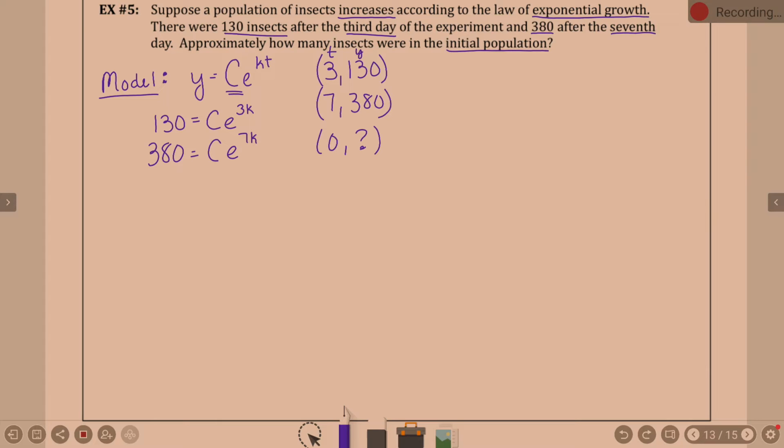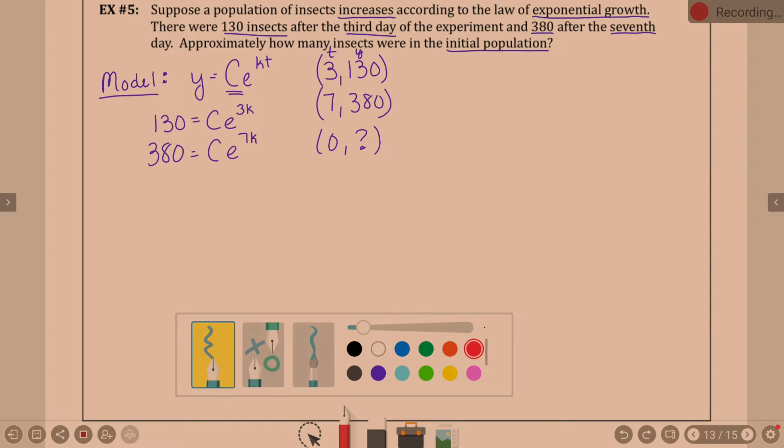And, well, I don't think until we have a K value, it's going to be difficult to find C. So, kind of the whole substitution thing. I'm going to suggest that we pick one of these equations, solve it for C, and then substitute it back in to find K. Does that make sense? So I'll even write myself a note here.